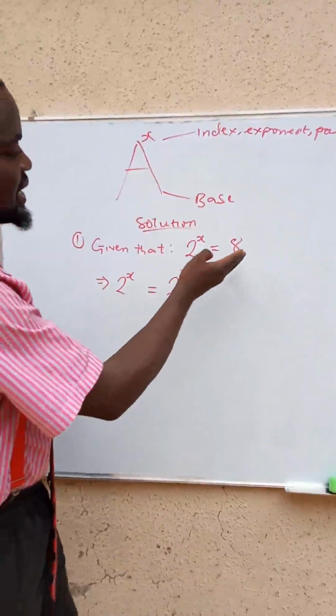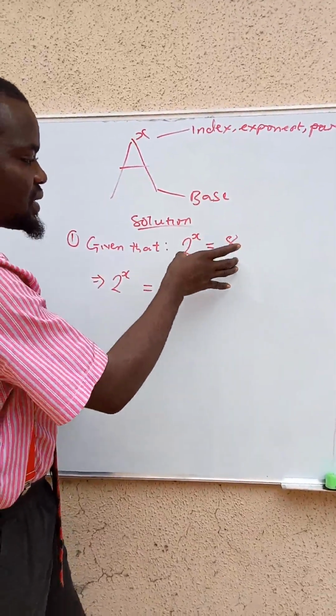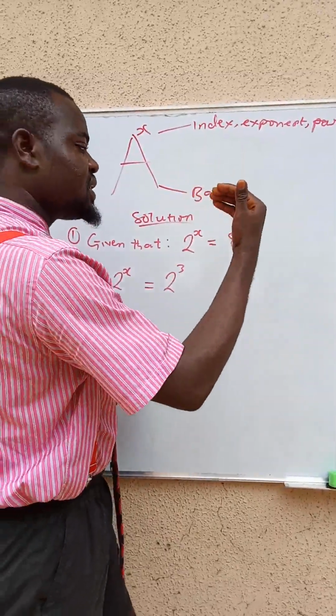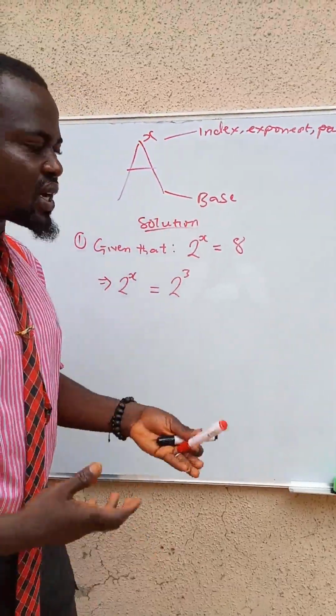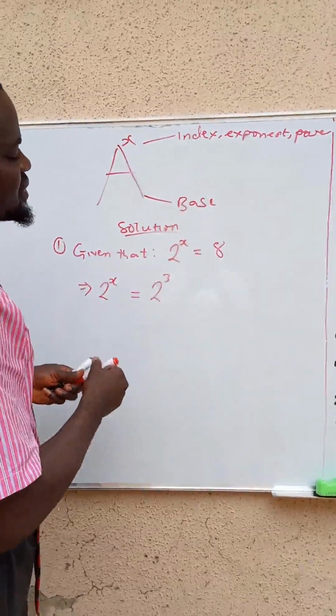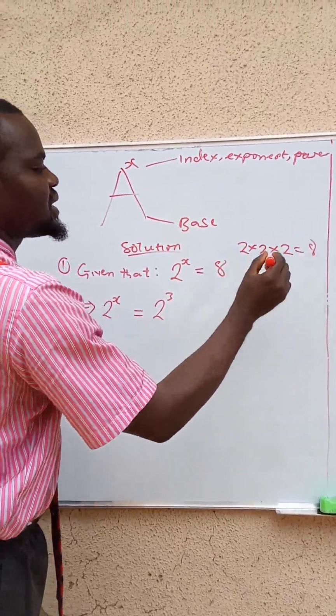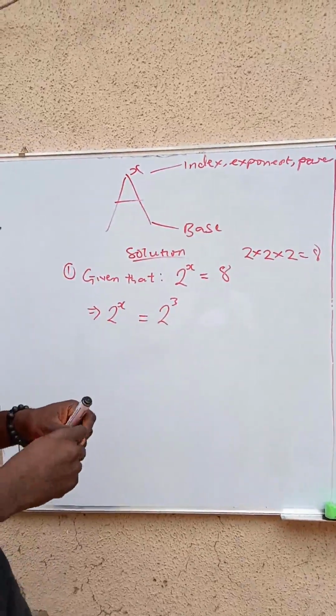If they give you this kind of thing, you look at the smallest base and see which number can give you 8. For example, I found out that 2 times 2 is 4 times 2 is 8. That is 2 raised to the power of 3.